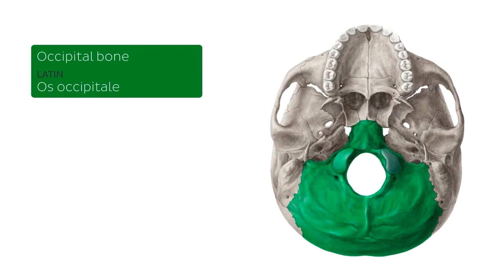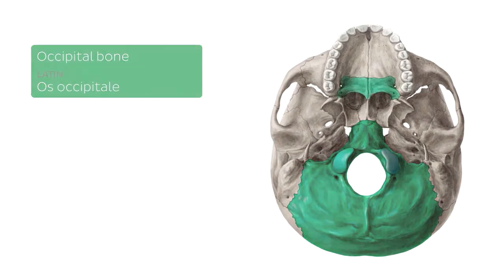Now the occipital bone is divided into a few parts that we're not going to discuss in this tutorial, but they're all arranged around this large foramen known as the foramen magnum, and we're going to talk about it later in this tutorial.